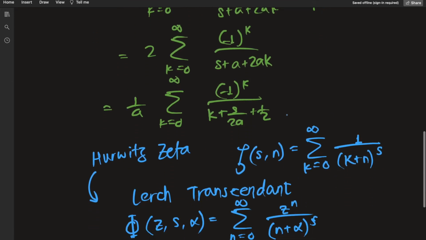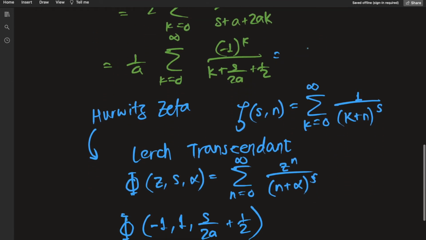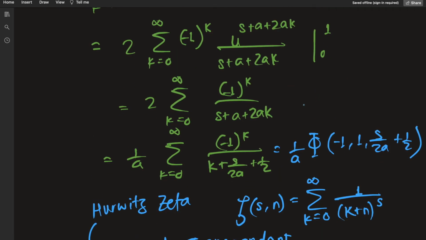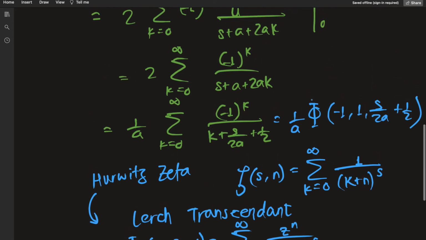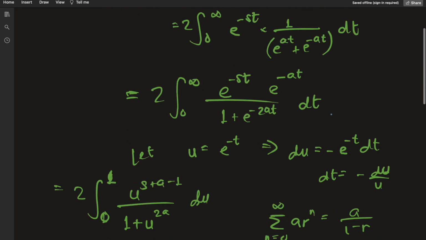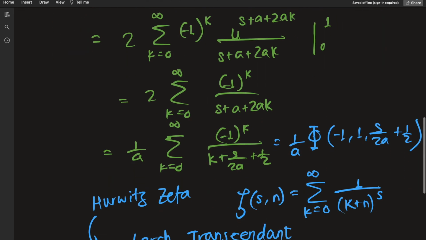So we finally get, using this Lerch transcendent definition, 1 over a times the Lerch transcendent, phi of -1, 1, s over 2a plus 1/2. And I think that's all I can do right now. You might find more detailed research papers which have gone beyond this definition and probably done something crazy, but I'm going to put it like this.